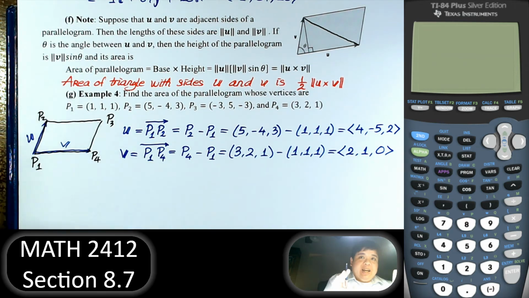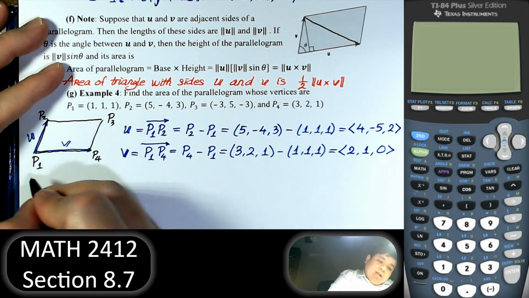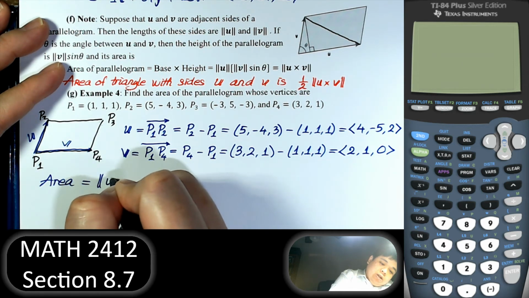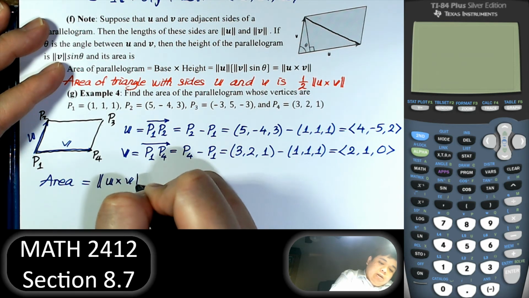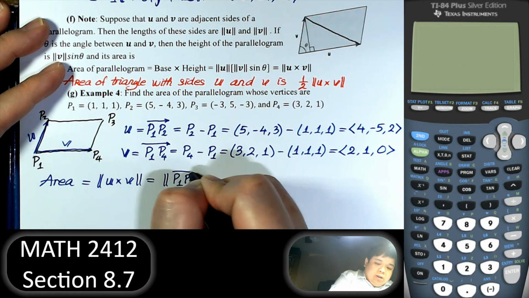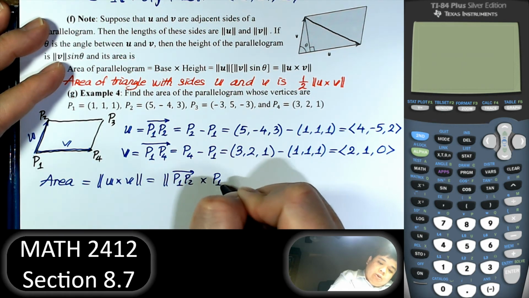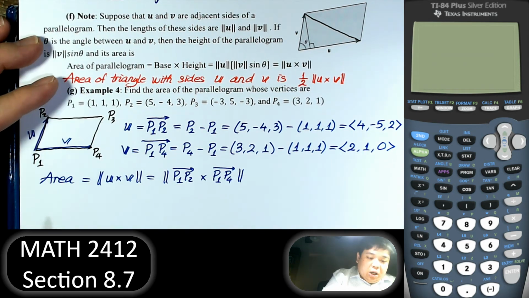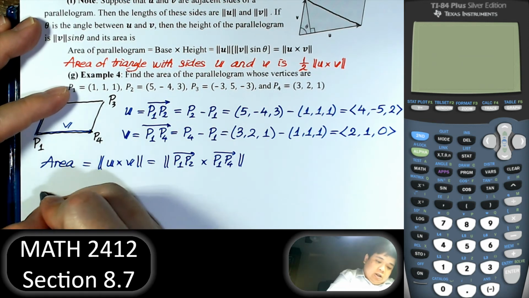Don't forget, at the end, we take the magnitude. So area is equal to the magnitude of U cross V, or the magnitude of P1, P2 cross P1, P4. So just do this cross product.